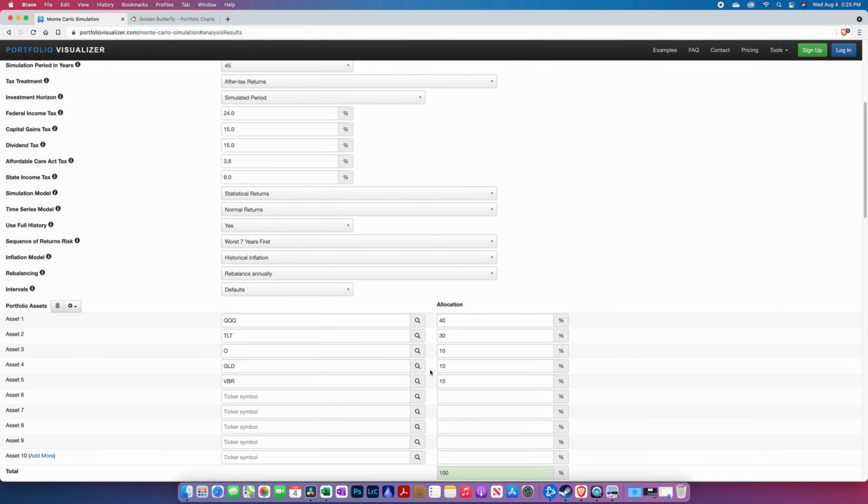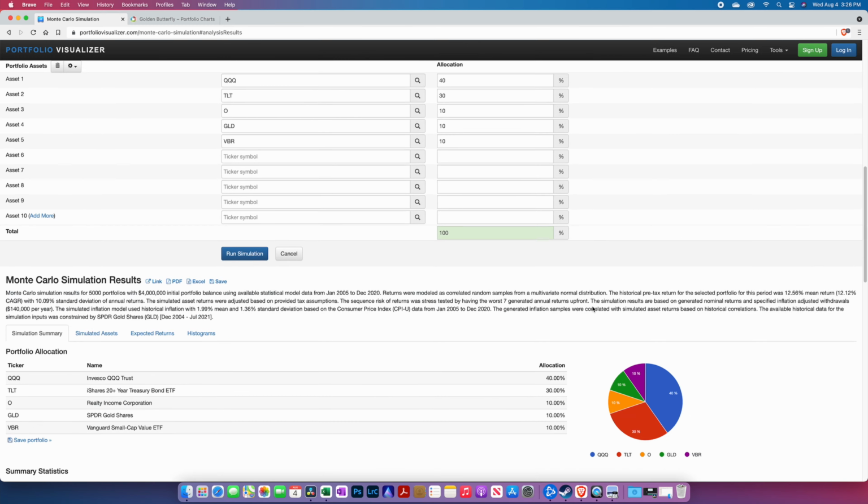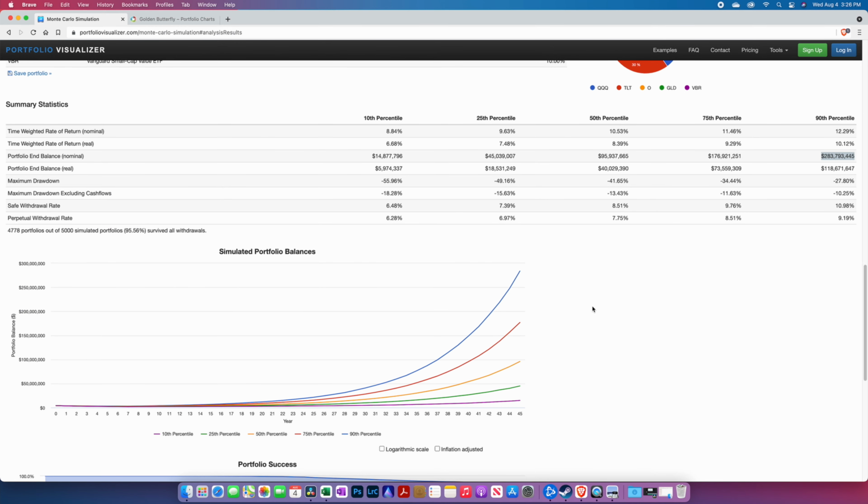If you want, you can tweak the tax rates accordingly to account for some portion of your portfolio being in a Roth allocation, and see how it affects you. But basically, if you were to start out with this allocation over 45 years, you would end up with a huge gift to your heirs.